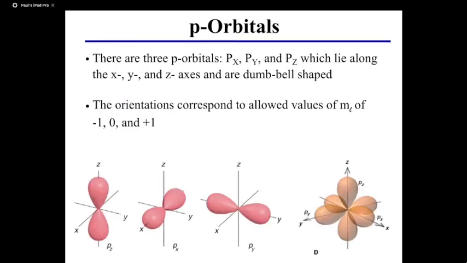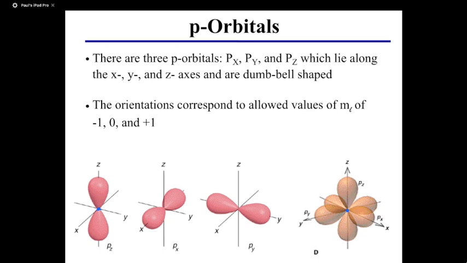All right, the P's. There are 3 different shapes that represent P, and they're dumbbell shape. Here's where the nucleus is. Okay, it is not a sphere around. It makes a dumbbell up and down, side to side, and in front and back. Now, I show you all 3 of them right here, but what really exists is the nucleus is right there, and you have all 3 of the dumbbell shapes around.